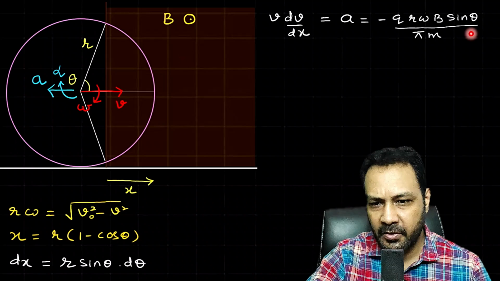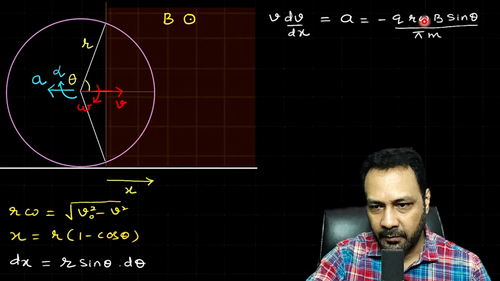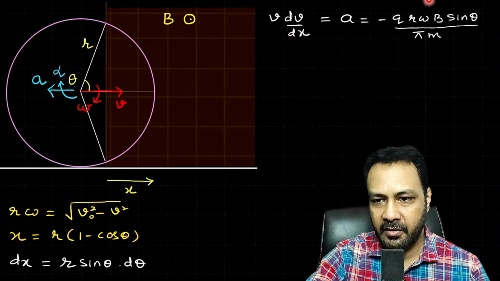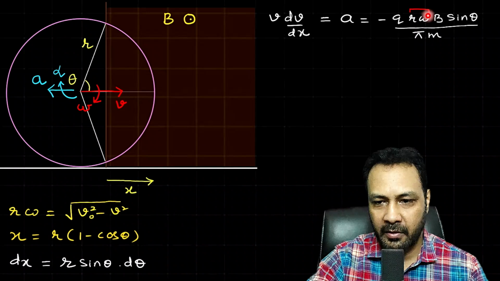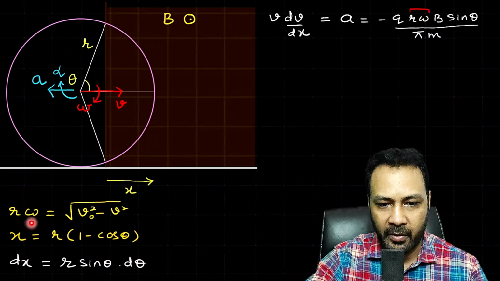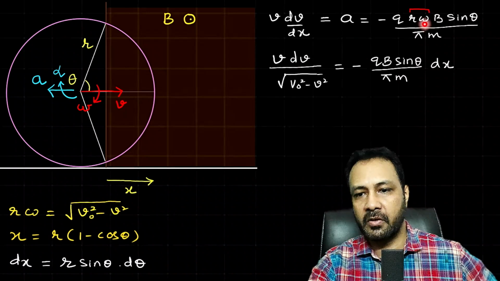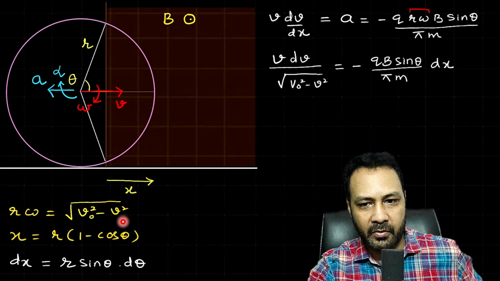Now some rearrangements are needed. This r omega, I want to bring it here, and dx I want to take it here. So that will become v dv. This r omega is square root of v naught square minus v square.